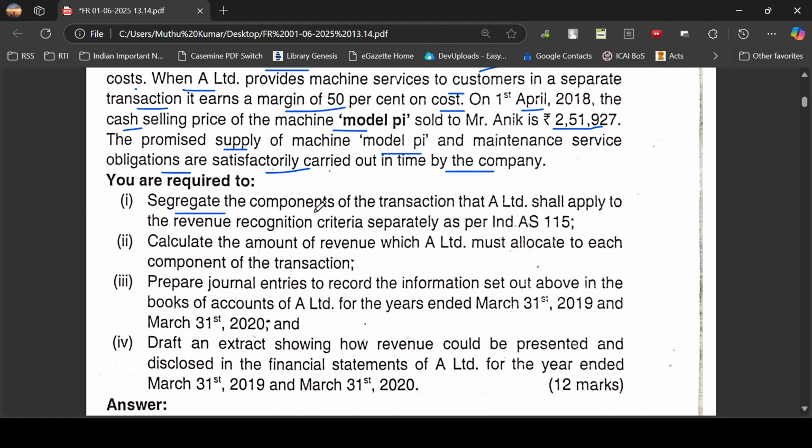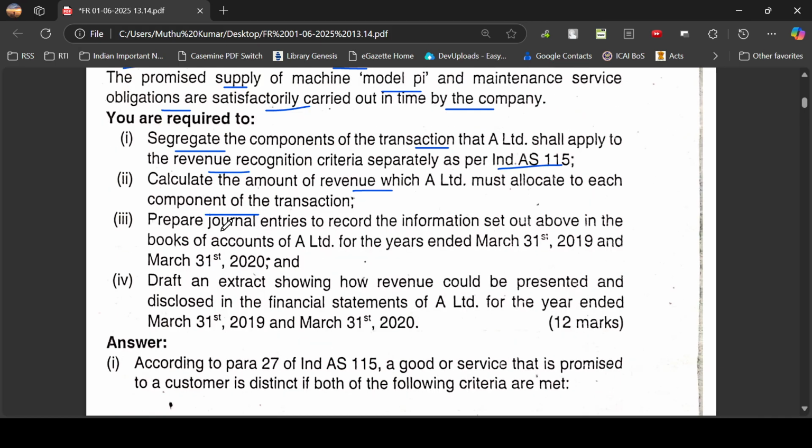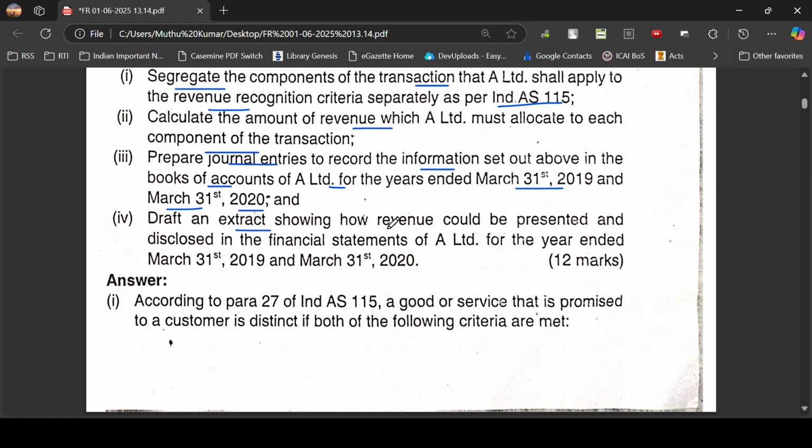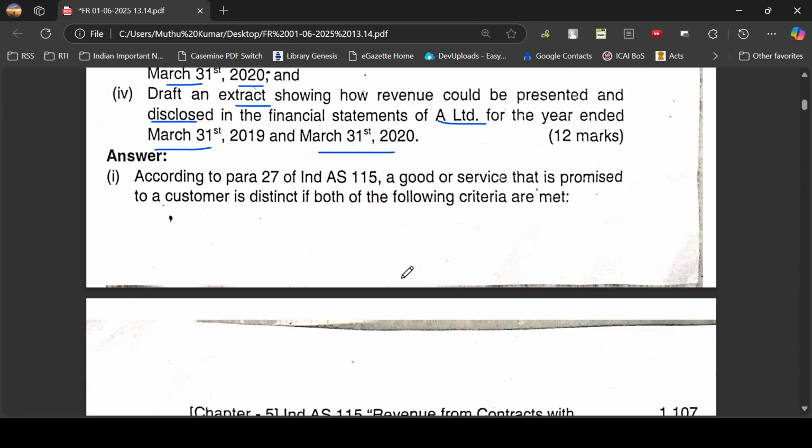You are required to segregate the components of the transaction of Mr. A, apply the revenue recognition criteria of Ind AS 115, and calculate the amount of revenue allocated to each component. Prepare journal entries in the books of A Limited on 31st March 2019 and 31st March 2020. Also draft an extract showing how revenue could be presented and disclosed in the financial statements of the company for the year ended 31st March.